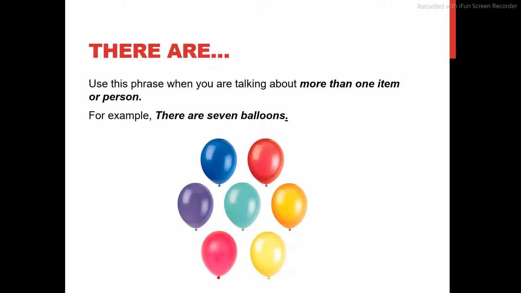There is one yellow balloon. So there is, you're speaking about one, and there are is if you're speaking about more than one item or person. If we ask how many balloons are there, there are 7 balloons. But how many blue balloons, there is one blue balloon.